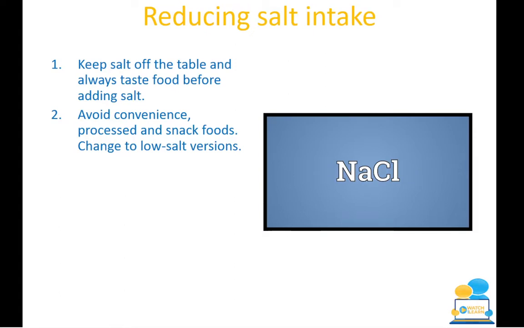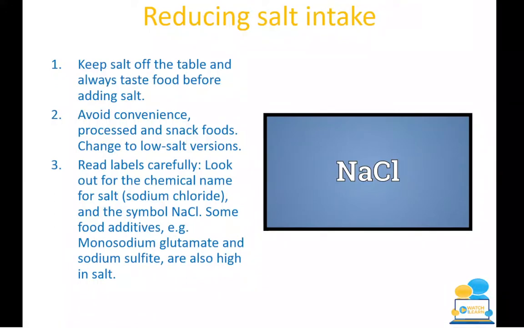Reduce your processed and snack foods. So instead of having crisps and nuts and pretzels, have some chopped carrots, some cucumber, some strawberries and blueberries, much nicer, healthier stuff which has a lot more nutritional value.